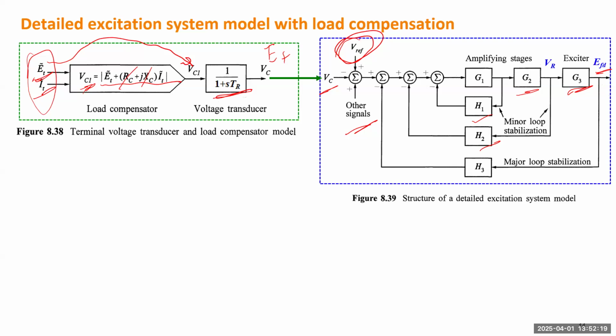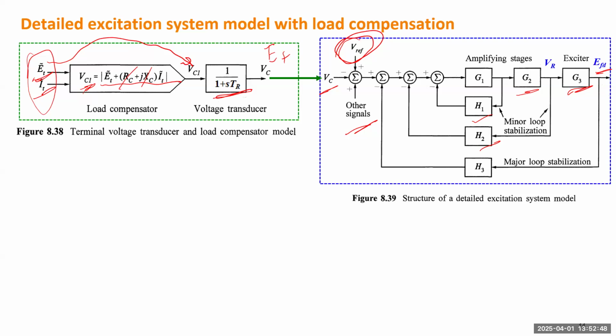You can even imagine, what if I take both XC and RC to be positive? Those two are values I can take arbitrarily. If I make RC and XC both positive, my question is, is the magnitude of VC bigger or smaller than ET? Do you know that? Can you make a guess?